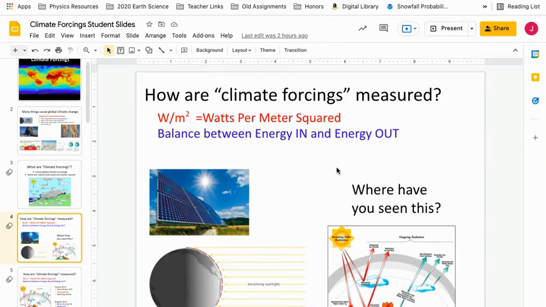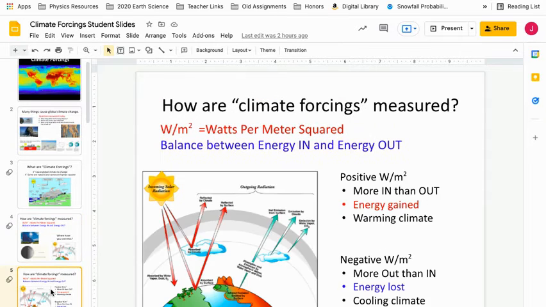And so that's how we're going to measure these climate forcings, in the amount of watts per square meter that they cause things to change. So if it's a positive forcing, that means that more energy is going to be gained and we're going to end up with a warming climate. If it is a negative forcing, then energy will be lost and we will get a cooling climate.